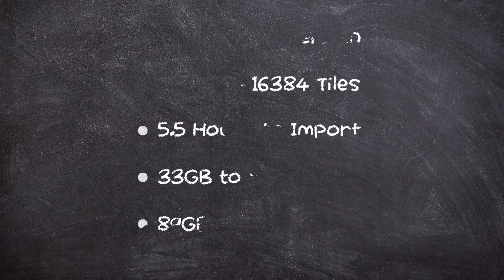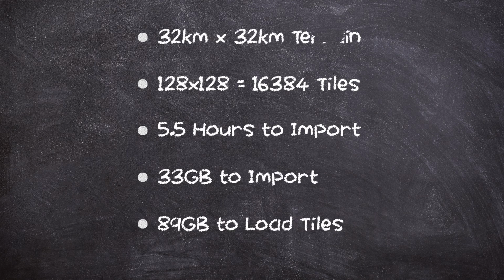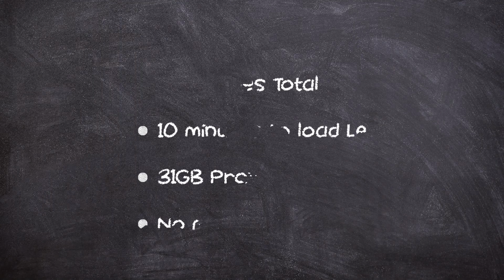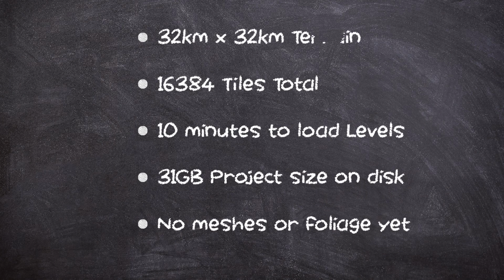During the importing of the 16,384 tiles, the Unreal Editor consumed more than 33 gigabytes of memory. Loading all levels then consumed a total of 89 gigabytes of memory. Loading or saving all of the levels takes more than 10 minutes on an SSD-based system. The final project on disk is 31 gigabytes, and this is without any meshes or foliage.